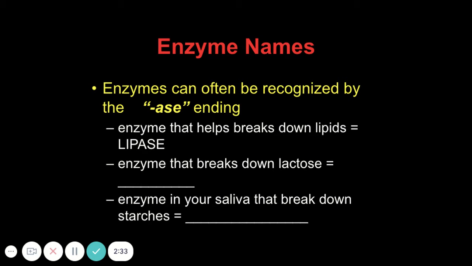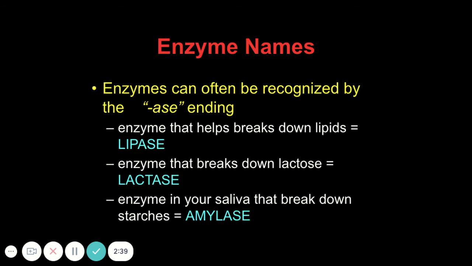Try figuring out the names of these enzymes. So the enzyme that breaks down lipids is called lipase. The enzyme that breaks down lactose is lactase. And the enzyme in your saliva that breaks down starches that are found in things like breads and crackers is called amylase.